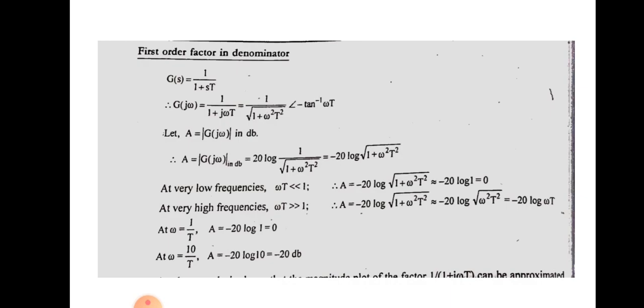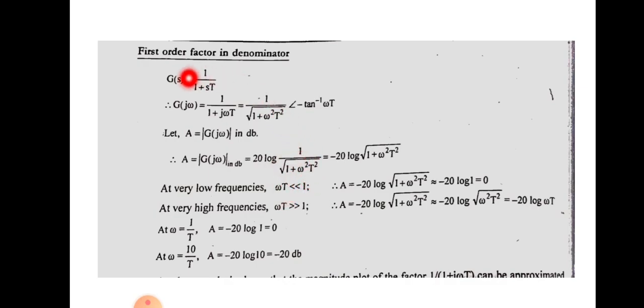Similarly, for a first order factor, that is in the form of 1 by 1 plus st, which in most cases comes in our questions, suppose it comes in the denominator side. Then the corresponding modulus of g of j omega will be 20 log 1 by square root 1 plus omega square t square.